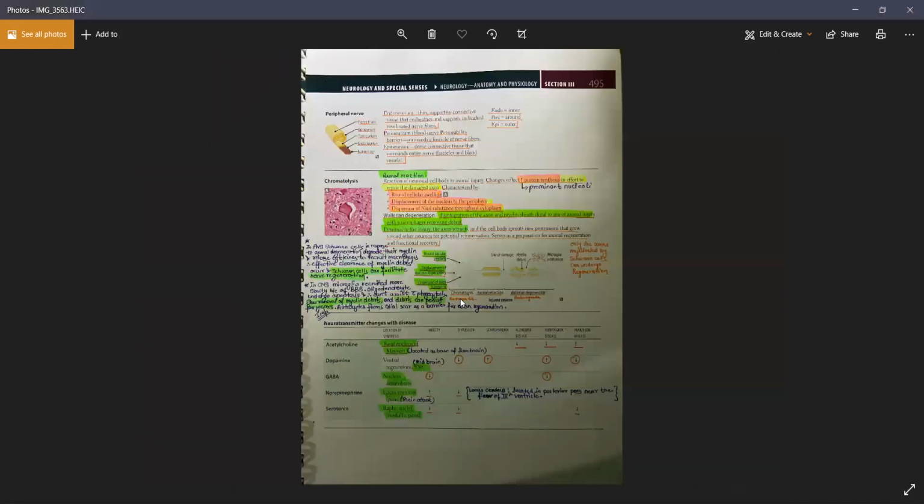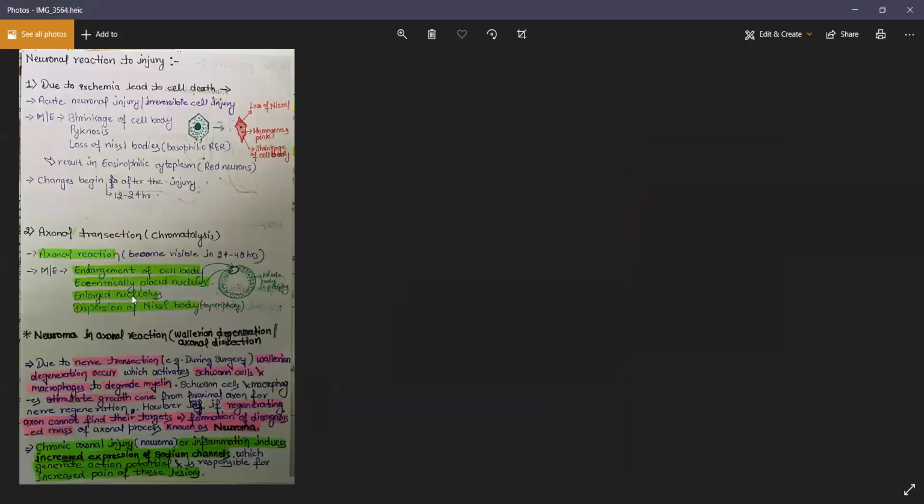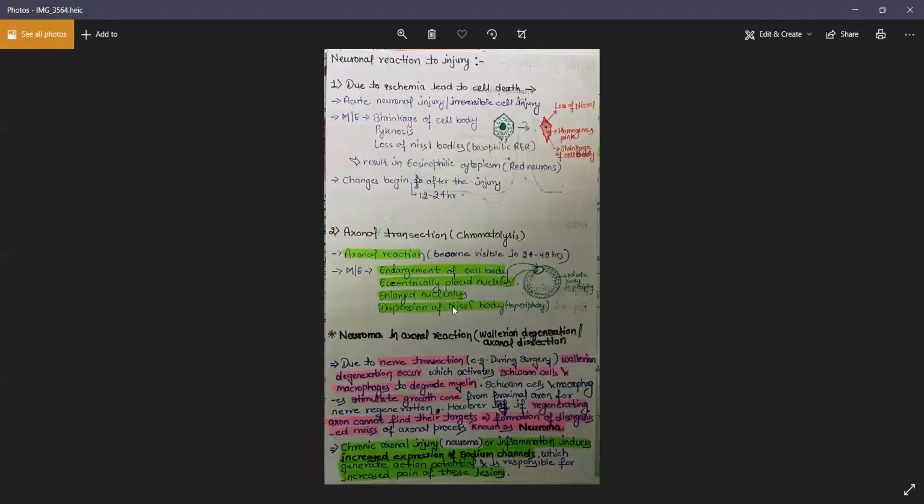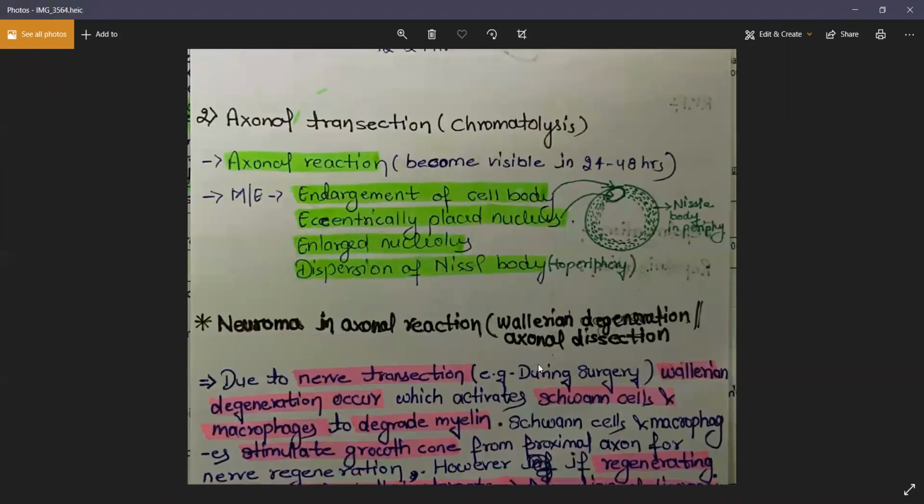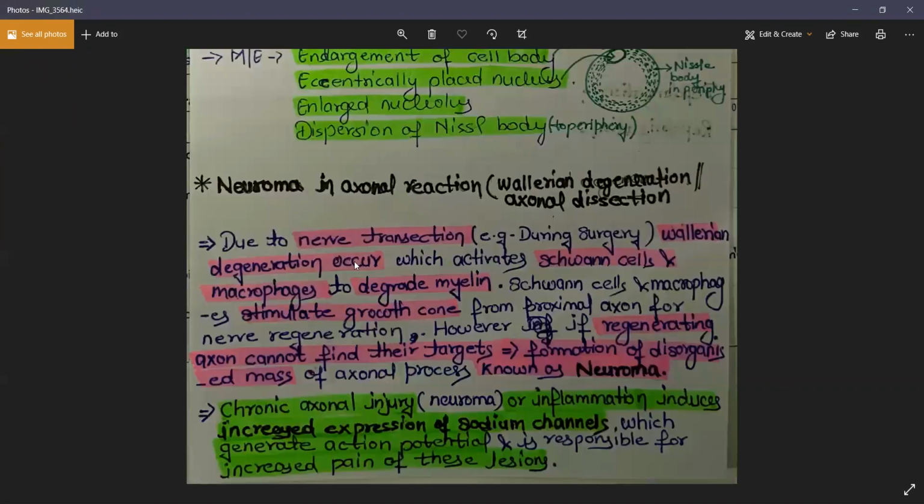That's about chromatolysis and the neuroma. You will see the neuroma in the axonal reaction: due to a nerve transection, Wallerian degeneration occurs, which activates the Schwann cells and macrophages to remove the myelin. Then the growth cone is formed, and it looks for the distal part of the axon in order to regenerate.